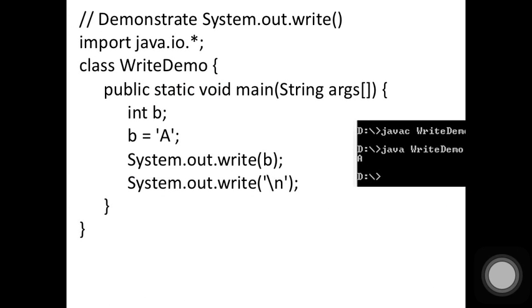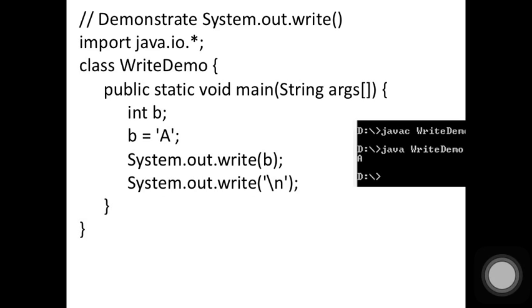Just import java.io.*, define a main method, and here define one variable b and assign the value 'a' to b. Whenever you assign a character to the integer variable b, b will have the Unicode value of a, and you can write the information with System.out.write instead of println.